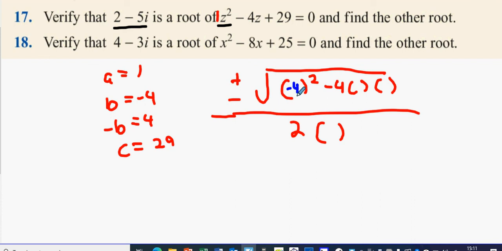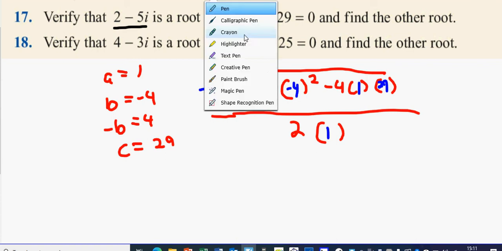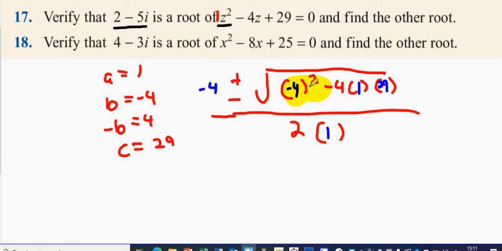A is 1. C is 29. Minus b is 4. 2 times 1. Now lads, it's like last time. You have to do this part on your own.